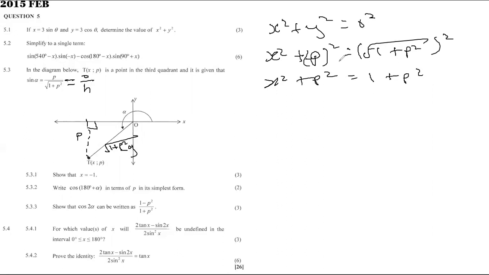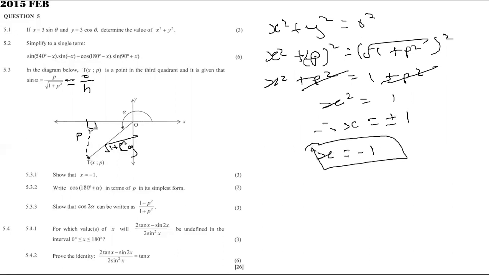And so x squared equals 1, so x is actually plus or minus 1. We choose x equals minus 1, as I said, because we are on the negative x-axis. Very simple, straightforward again.